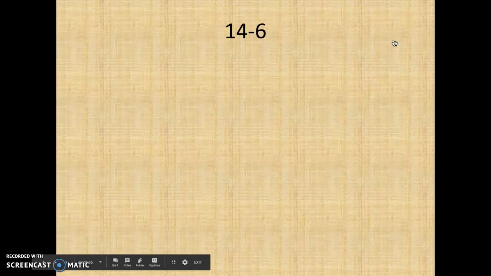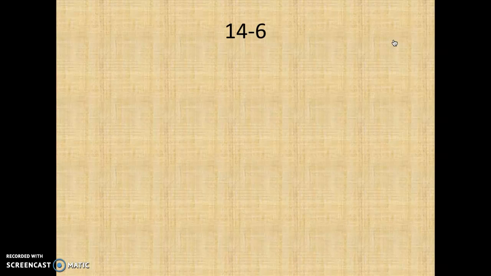Okay, so chapter 14.6, or this is the last section of chapter 14. And so just kind of dealing with our final adjustment and finishing up the worksheet.